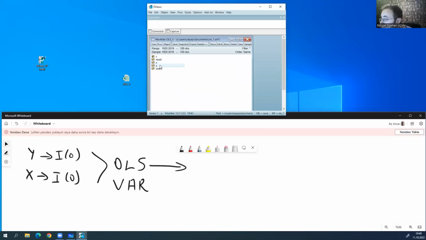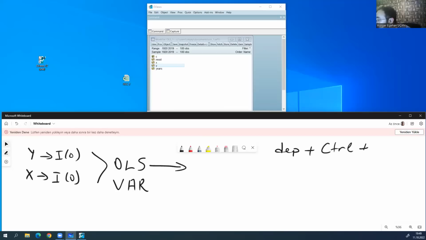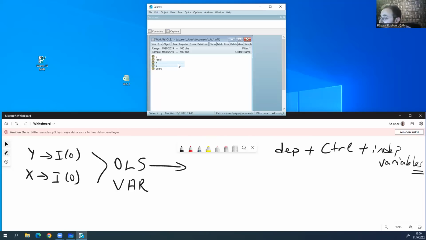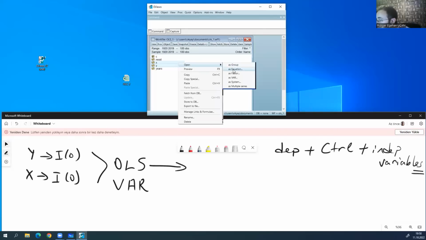First of all, choose the dependent variable, then press Control on your keyboard and choose the independent variable or variables. If you have others, you may choose them too. Now press Control and choose X, then right click and open as equation.